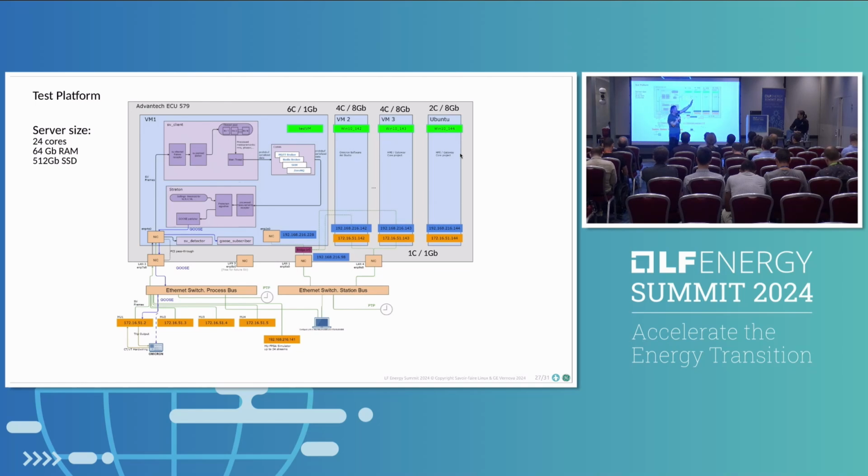The orchestration inside of this operating system, which is virtualized, the orchestration of the applications: for that we are using Docker. So every purple box that you see here is a container.